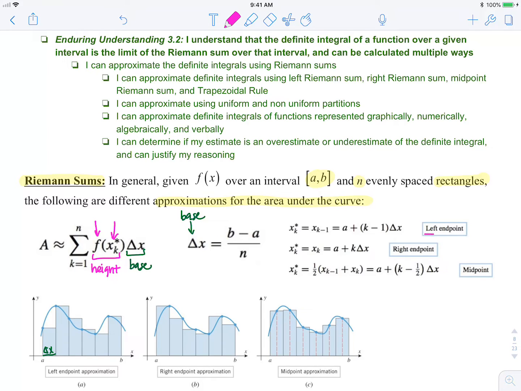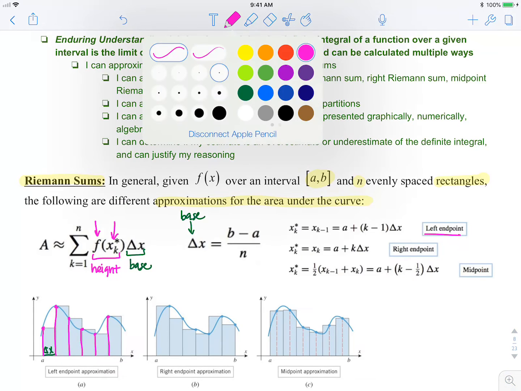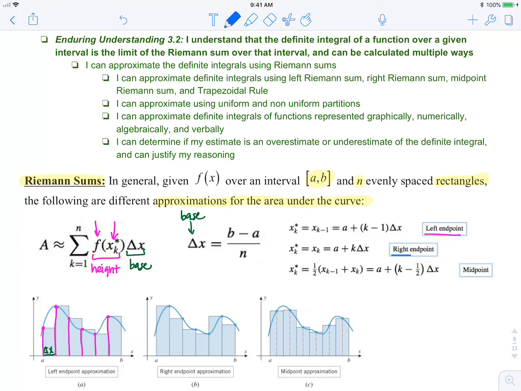So if you're using left endpoints, that means you'll start on the left of each of those delta x intervals to get the height of each rectangle. You can also instead use the right side of each interval.